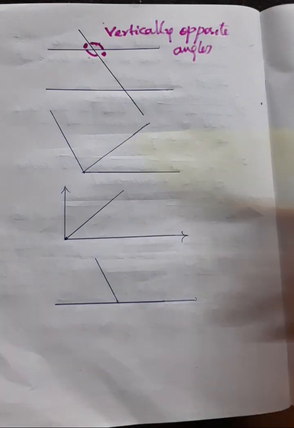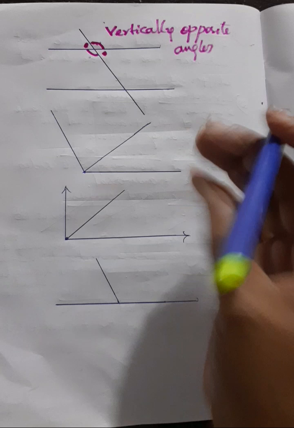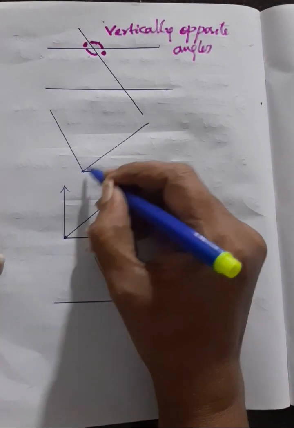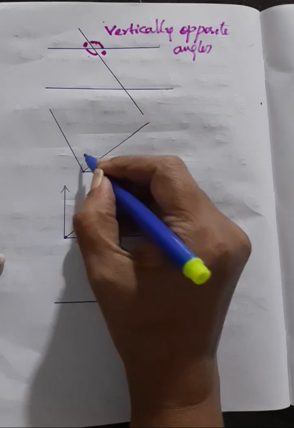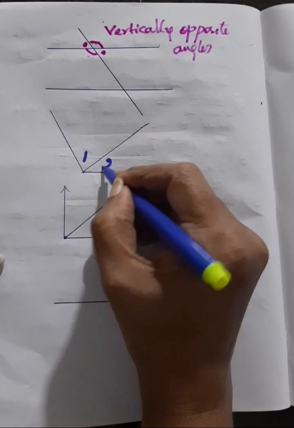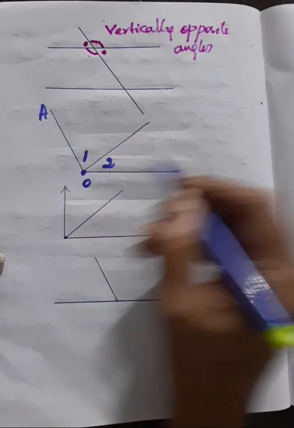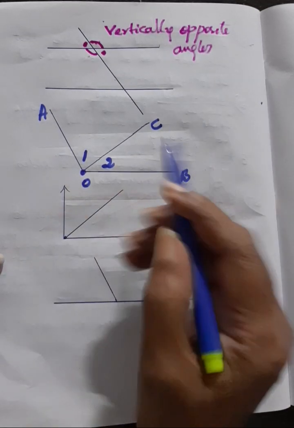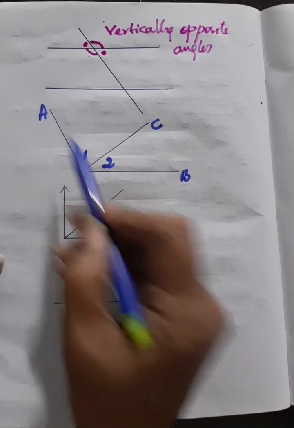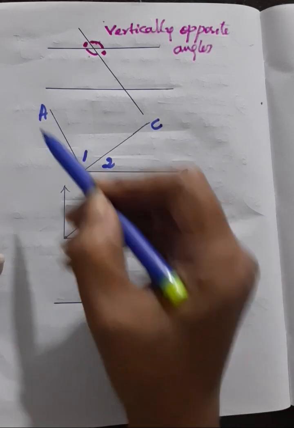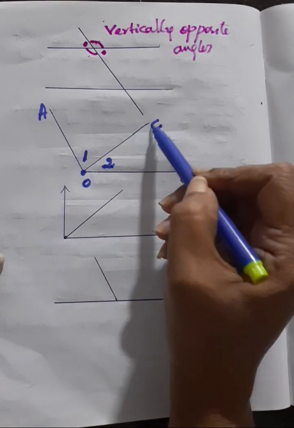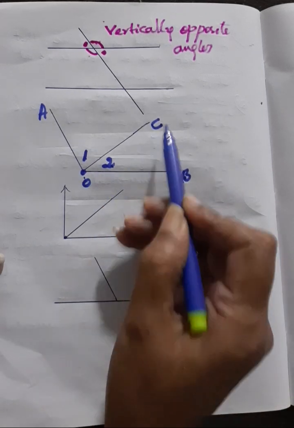Okay. Next one is adjacent angles. See, for example, this is 1 and this is 2, and this is A, this one is O, this is B and this is C. Now the adjacent angles of AOB are 1 and 2. 1 means angle AOC, 2 means angle BOC.